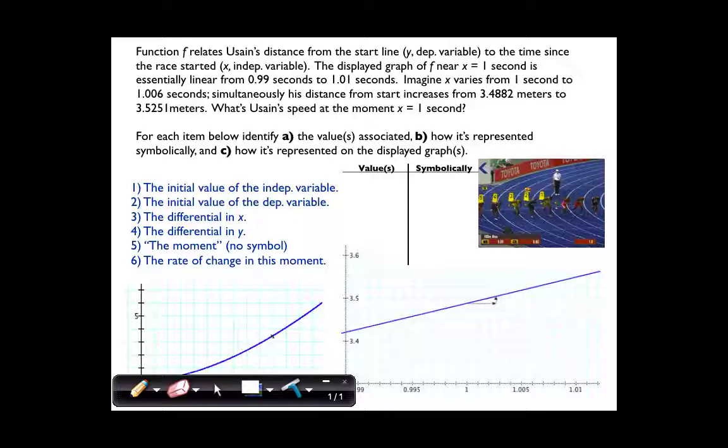So think about maybe first the symbols, symbolically, and then on the left, the values for these, for this specific section, for this specific example, meaning as x varies from 1 second to 1.006 seconds. His distance increases from 3.4882 to 3.5251, and asks what's his speed, but just think about the questions in this chart. How would I represent symbolically, or what's the value of each of these 6 things?